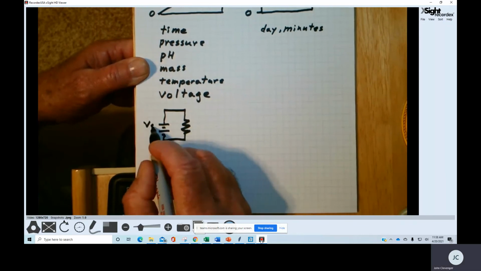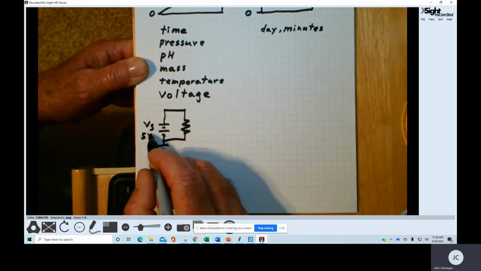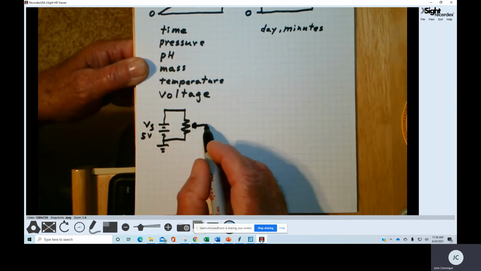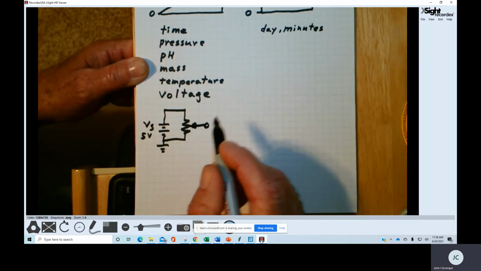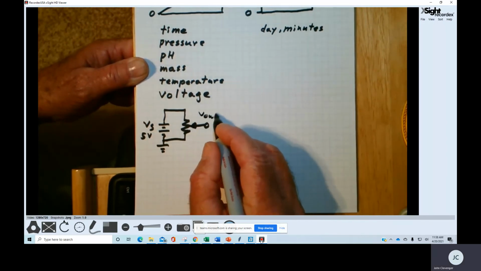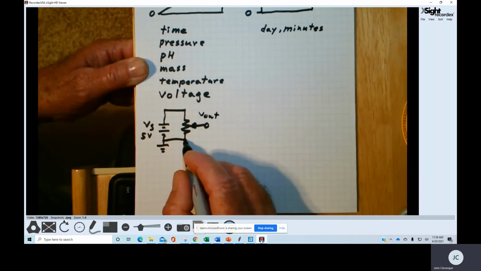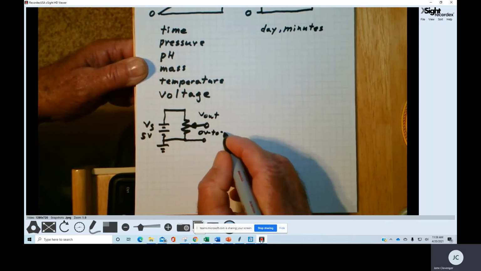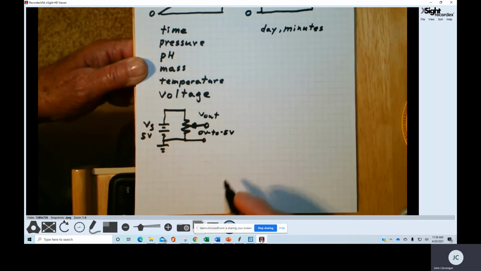So if we have a source voltage over here that's 5 volts, and we connect to that 5 volt source a potentiometer, then my output voltage, V out, with respect to ground, can be anywhere from 0 volts to 5 volts.